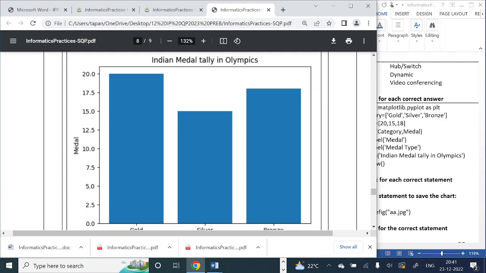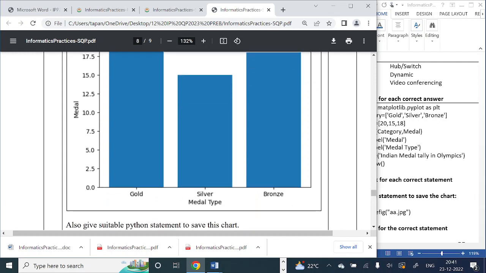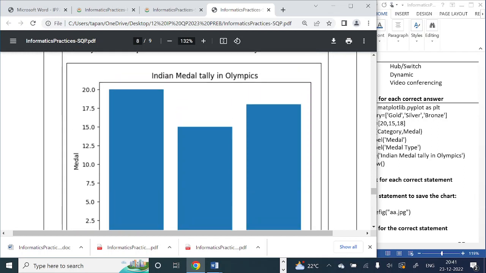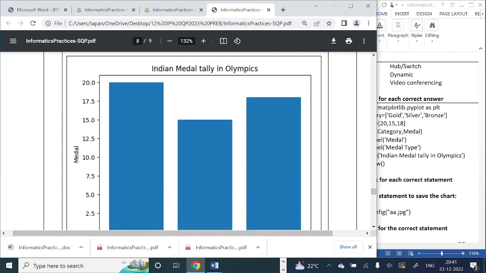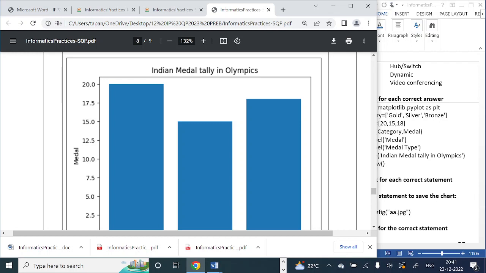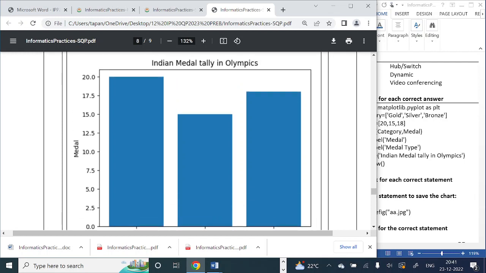Here medal is your Y label, medal type is your X label, and the 3 X values you are having are gold, silver and bronze, where gold is having 20, silver is having 15 and bronze is having 17.5.